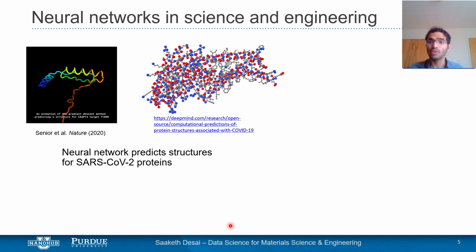And one neat example of this is the use of these very neural networks to predict the structures of the proteins involved in the COVID-19 virus. So shown here, in fact, is a prediction of one of the proteins involved in that virus.